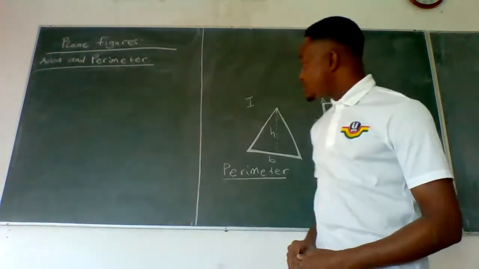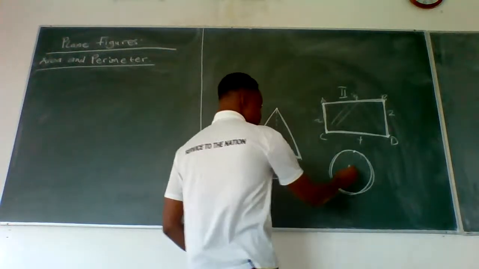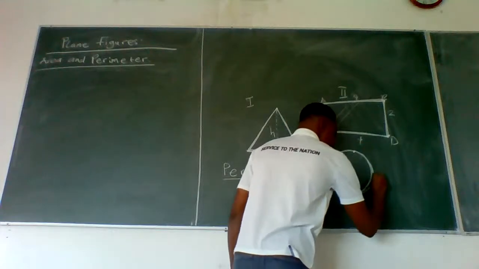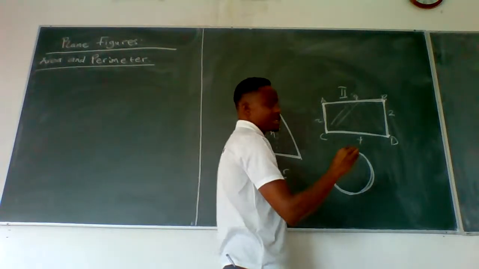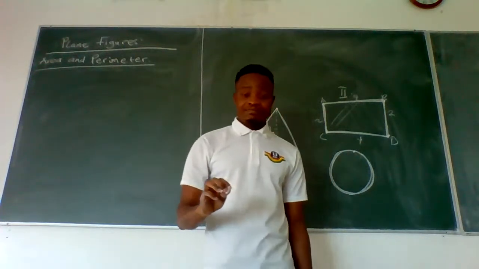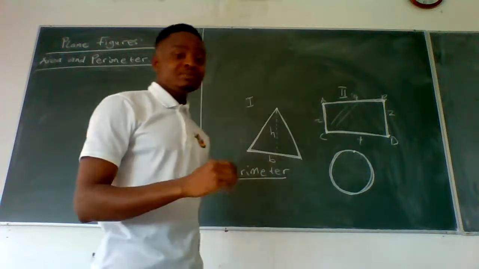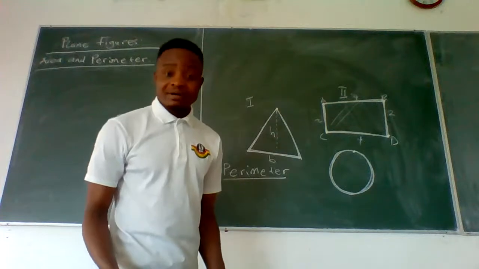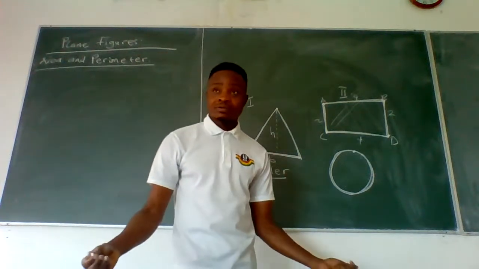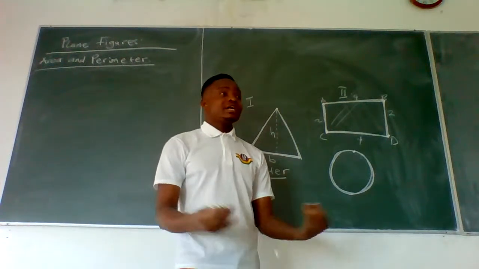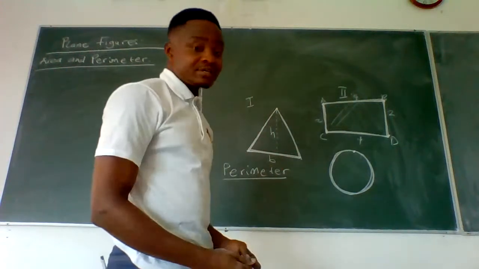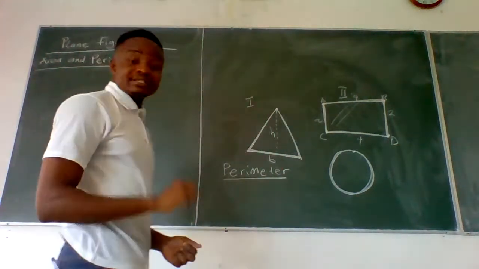Okay, let's look at another type of plane figure. Circle is a plane figure. So for the basic nomenclature of a circle, we mostly consider what we call a radius of the circle. If we want to measure the length or an area of a circle, then we have to look at its radius.